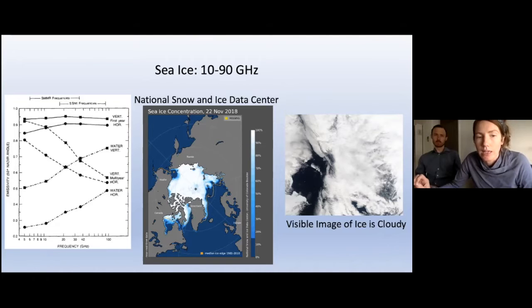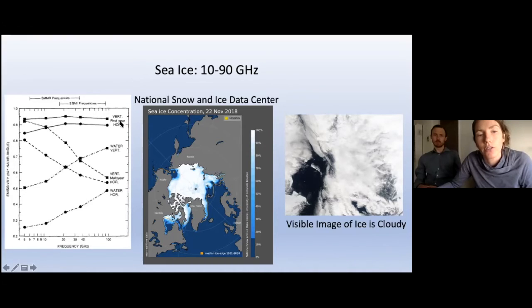It gets a little complicated, but just notice that for these two water lines, the emissivity, the radiation the Earth produces in the microwave part of the spectrum, increases as you get to higher and higher frequencies of microwaves. And now that differs from our two sorts of ices, sea ice.